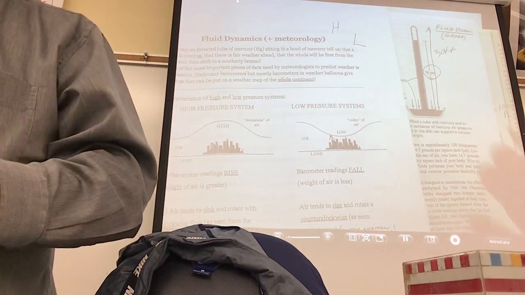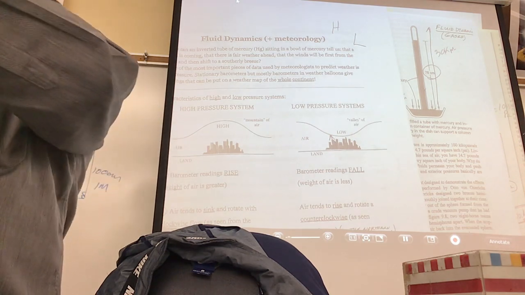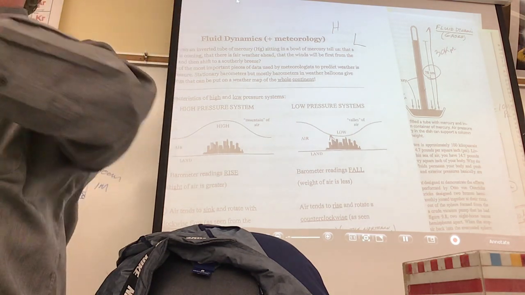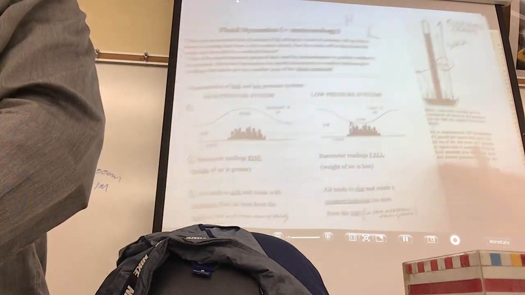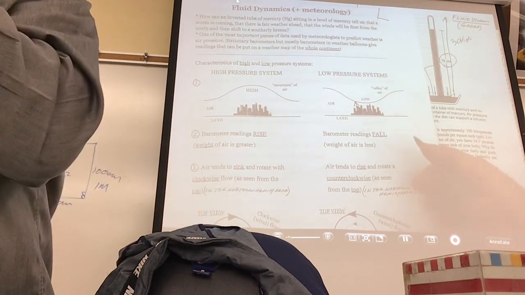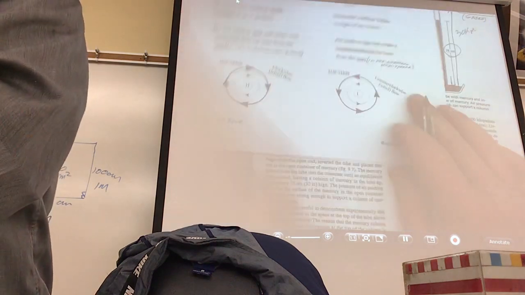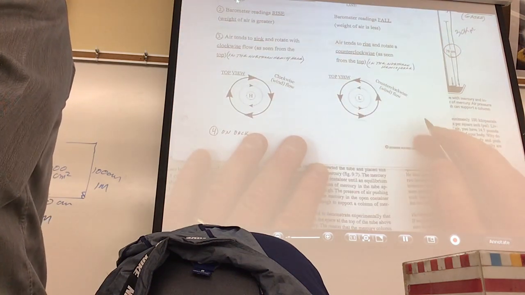Then the barometer falls. The air is trying to fill it in, and because of the Earth's rotation, it goes counterclockwise. So if they said there was a low pressure here, they might say there was a counterclockwise flow of air.